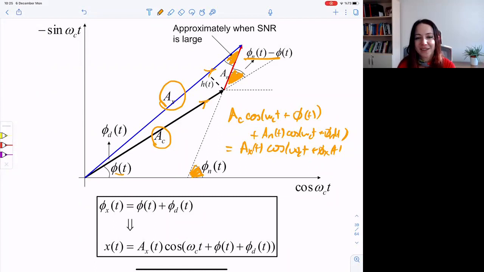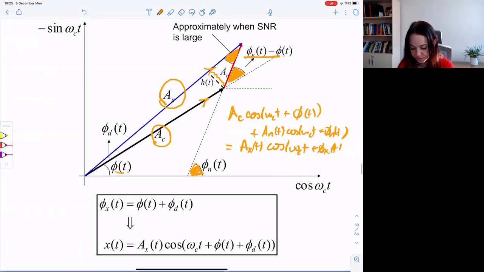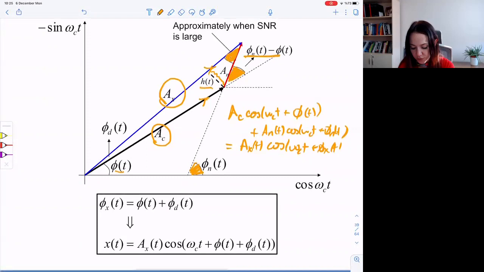Eventually, when the noise is small enough, they're going to be almost parallel. So if they're almost parallel, then this angle and this angle are the same, which means we can compute this height, let's call it h(t), using this angle phi_N minus phi.